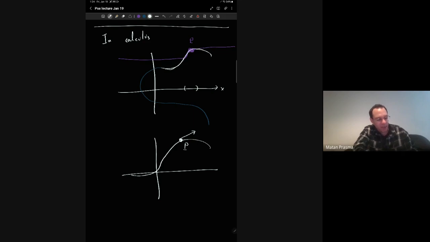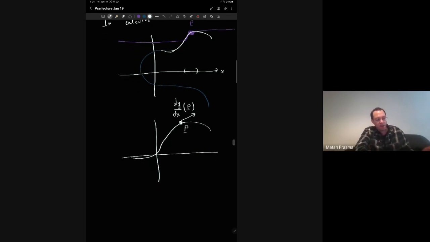And if we accept, so this vector, this is the derivative dy of dx at P, if we accept this definition of derivative, then it is natural to define the tangent line as follows.